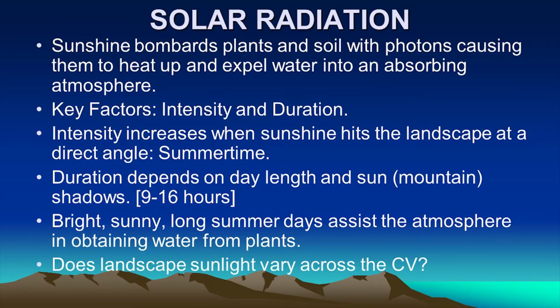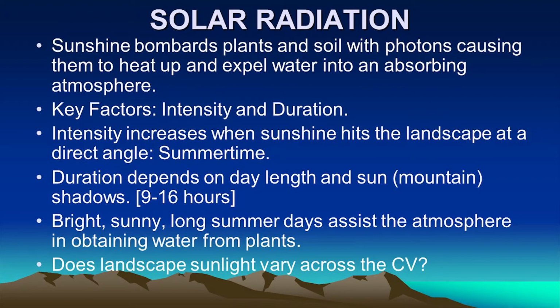So we've got these photons in sunlight, and they bombard everything, including the soil and including your plants. And when they do, the more sunshine, the more water use there is. 2 factors: intensity and duration.